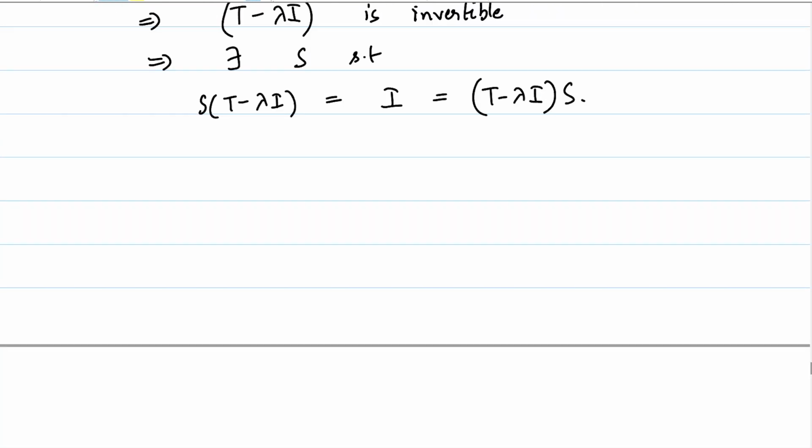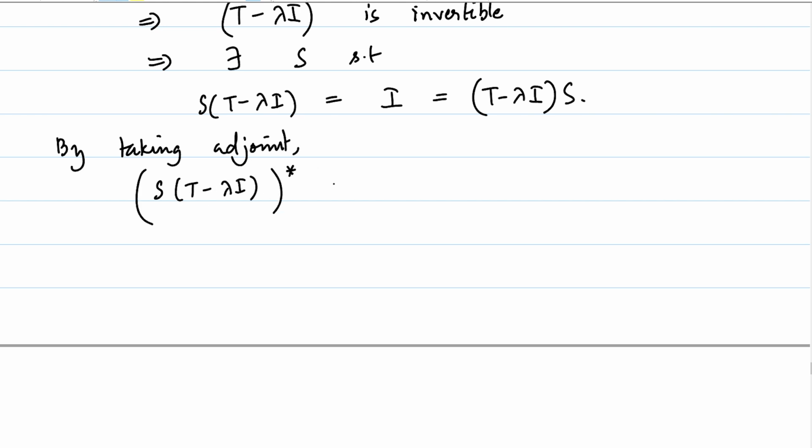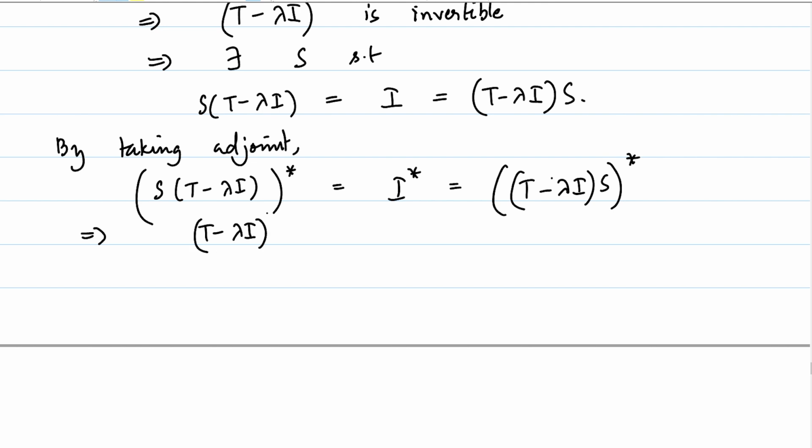Now let's look at the adjoint of this. By taking adjoint of this, we get S times T minus lambda I whole adjoint is the adjoint of I, which is the adjoint of T minus lambda I times S. Let's use the properties which we have just studied to conclude that this implies T minus lambda I adjoint times S adjoint is the adjoint of I, which is I, which is equal to S adjoint times T minus lambda I adjoint.